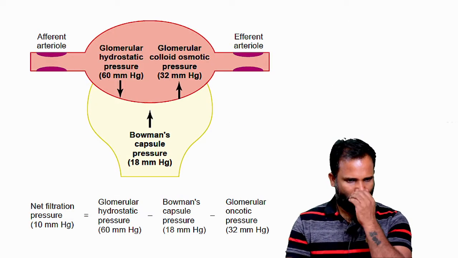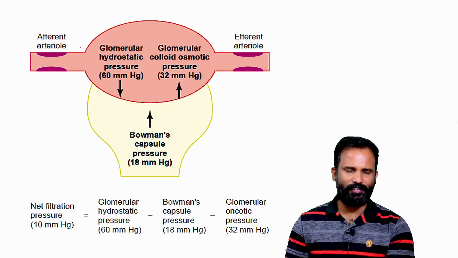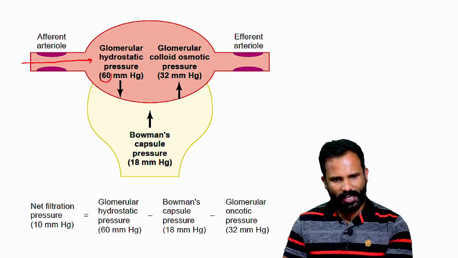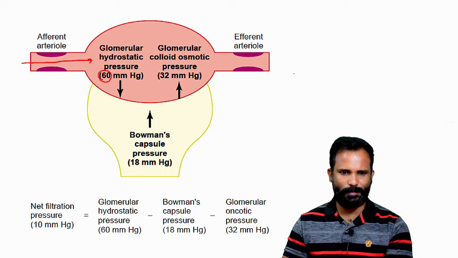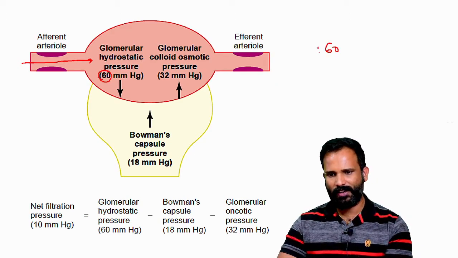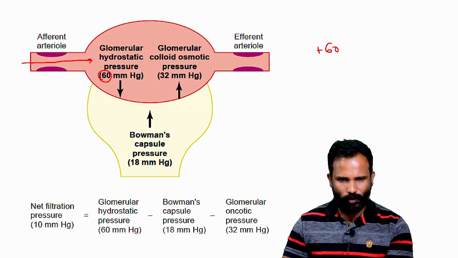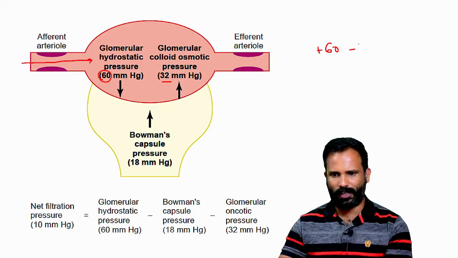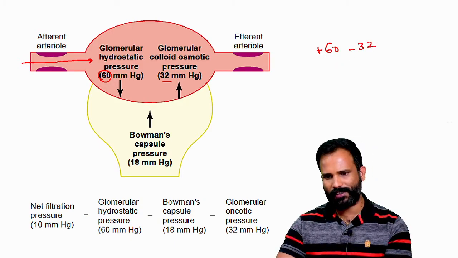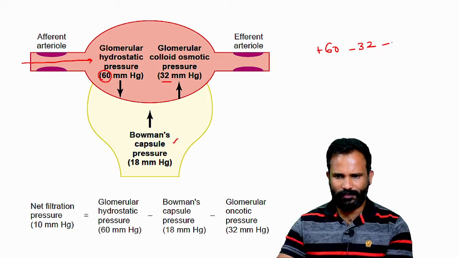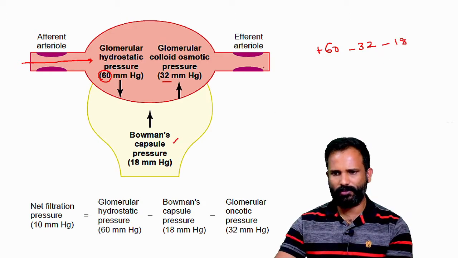And explaining this net filtration pressure, here is the afferent arteriole, which has a glomerular hydrostatic pressure of 60 mmHg. So we have 60, which is favoring filtration out. Then glomerular colloid osmotic pressure is 32, so that is opposing, so minus 32. And Bowman's capsule pressure is 18, that is also opposing, so minus 18.